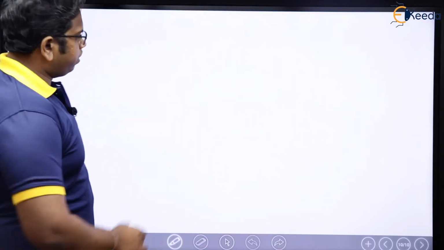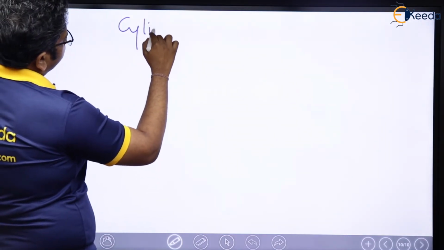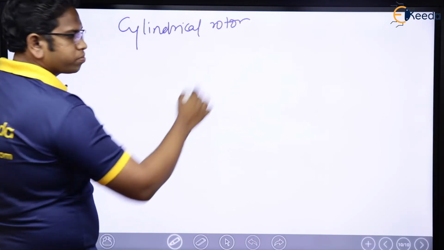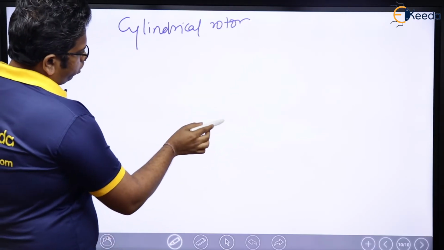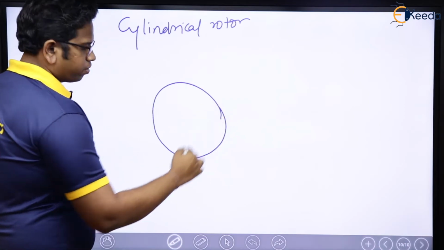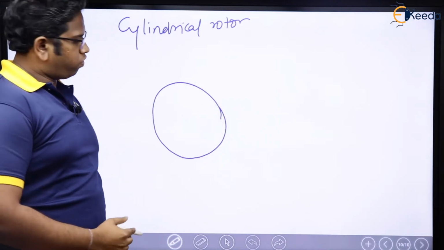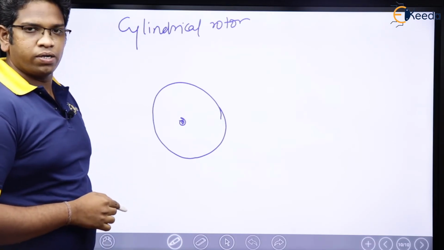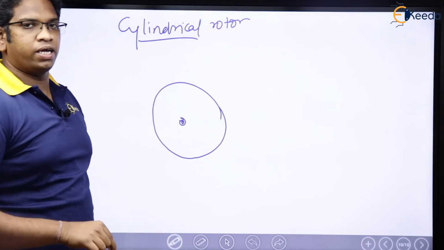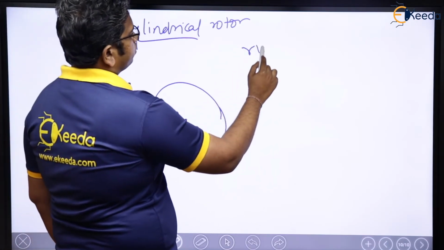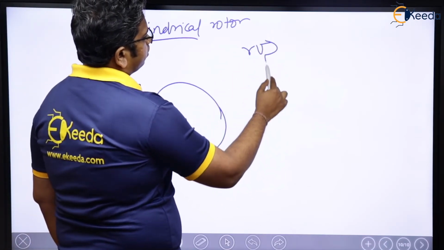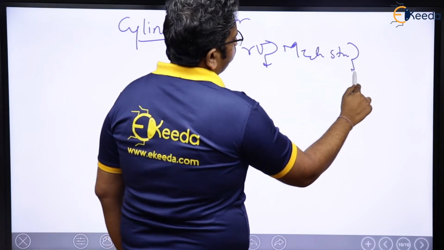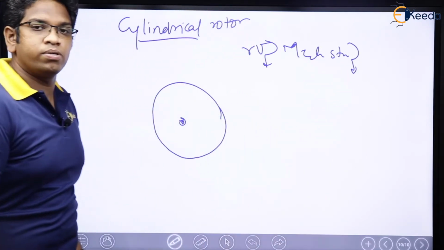We have already seen that for our cylindrical rotor, we have already reduced the diameter. Am I right? We have already reduced the diameter of the cylindrical rotor. Why? Because of radial velocity. Radial velocity is less, because of which mechanical stress is less, so insulation failure problems will not occur.